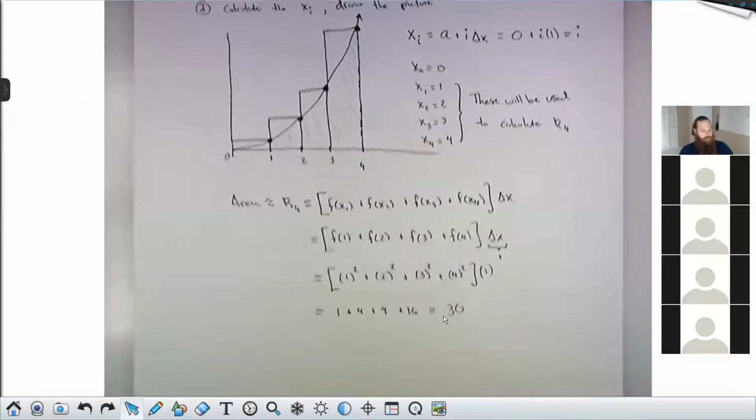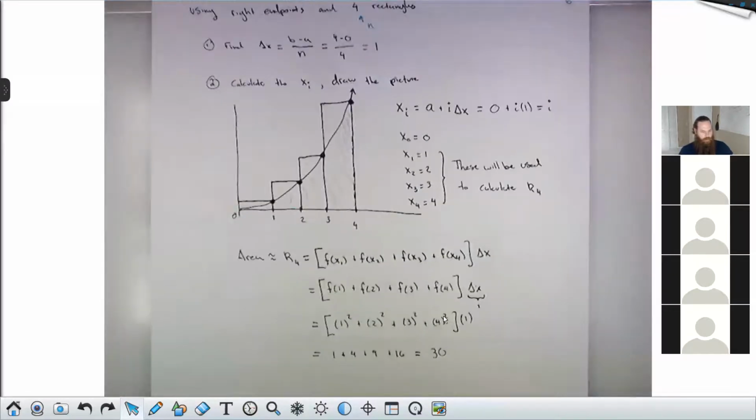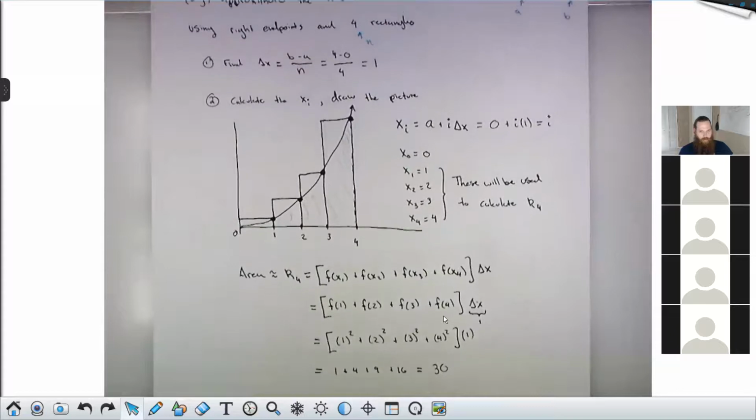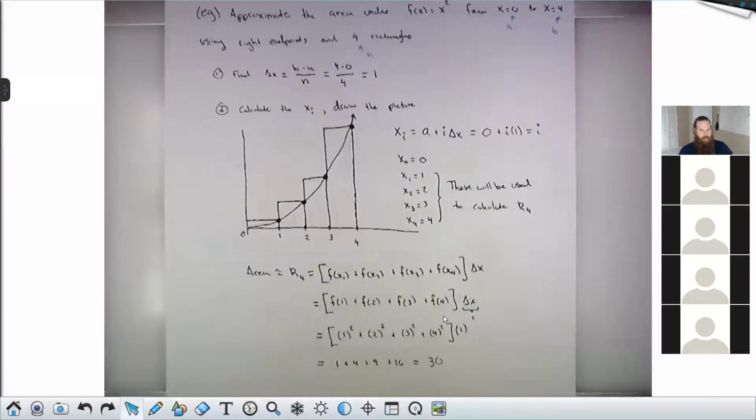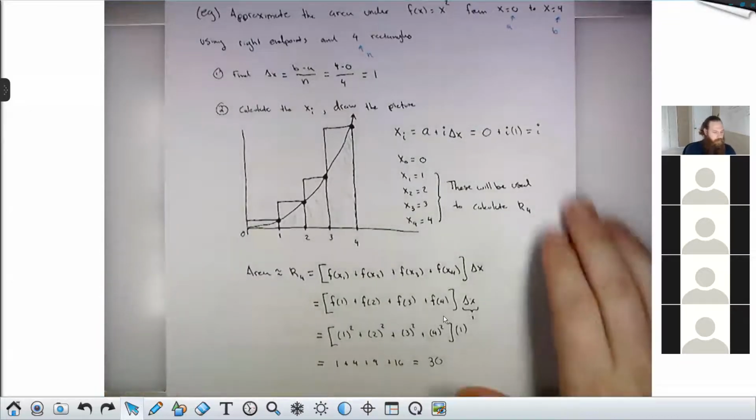This is an example of the type of calculation and picture you will be expected to create for your homework. I've said it before, WebAssign cannot force you to draw the picture. It can only make you select from the pictures. Make sure you're actually drawing the picture. This step where you draw the picture is a really big deal.